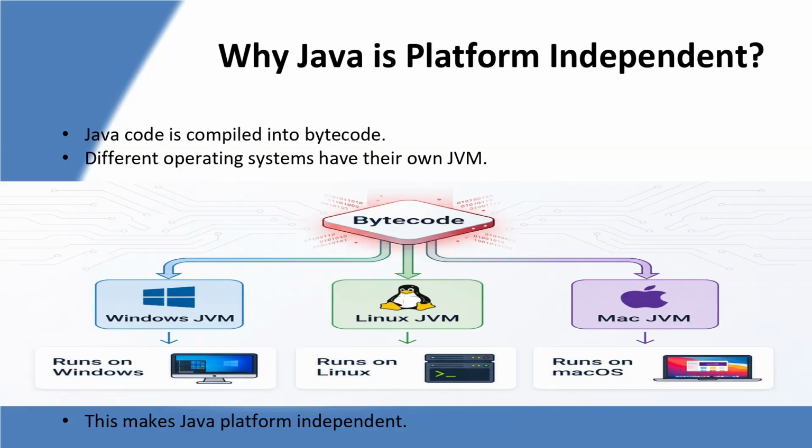For example, we have three platforms: Windows, Linux and Mac OS. For all these platforms, we have their respective JVM. For Windows, we have Windows JVM. For Linux, we have Linux JVM. For Mac OS, we have Mac JVM.